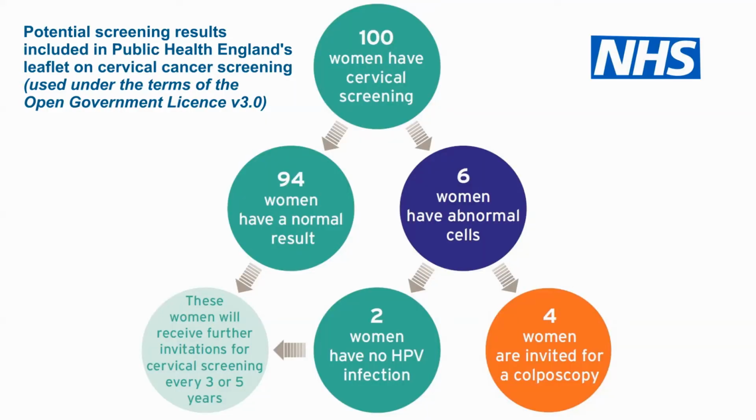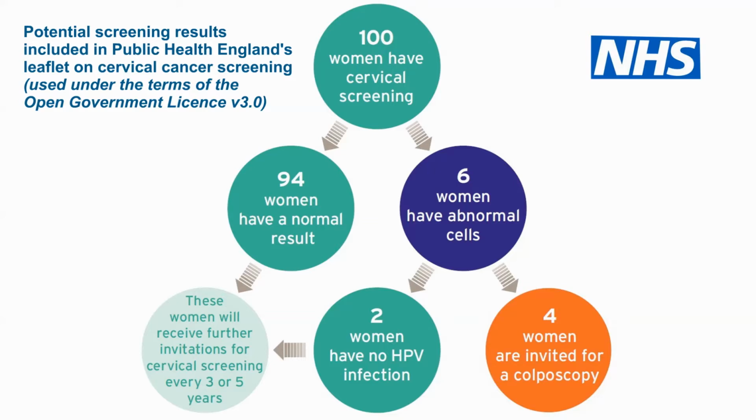So here we are seeing an infographic that is included in the current version of the NHS leaflet that is sent to women who are eligible for cervical screening. And what this is showing is a summary of possible screening results.